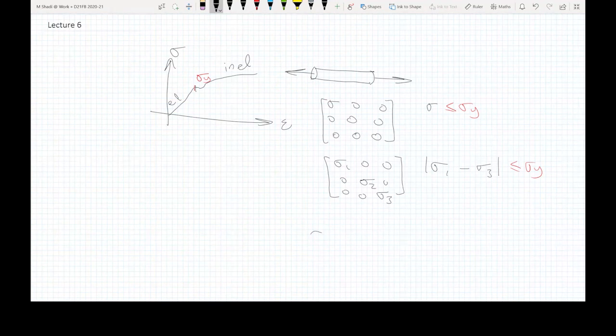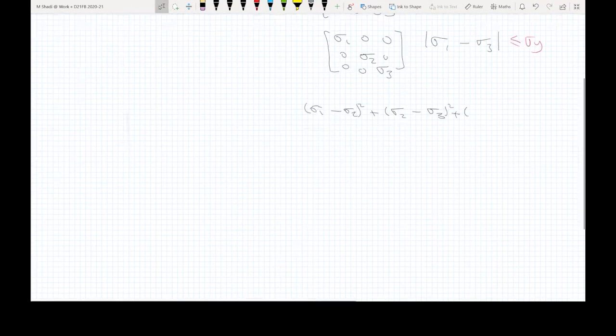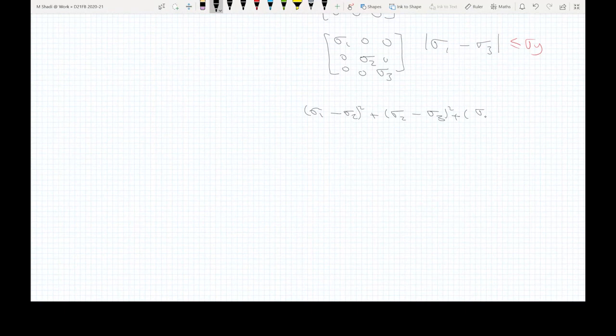The von Mises is sigma 1 minus sigma 2 squared added to sigma 2 minus sigma 3 squared added to sigma 3 minus sigma 1 squared, and take this entire thing under the square root. So this should be smaller than the square root of 2 sigma y.